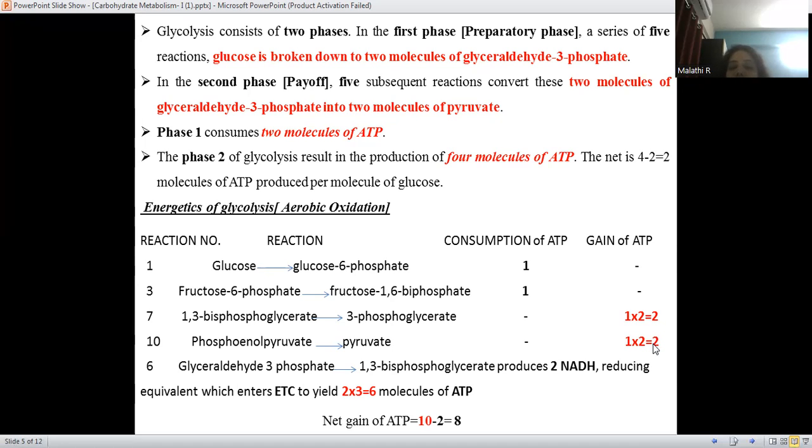So 4 ATP will be formed by substrate level phosphorylation, and 2 NADH reducing equivalents are formed, which can enter the ETC. So 2 into 3, around 6 molecules of ATP will be obtained from reducing equivalents. So overall, the net gain of ATP will be 10 minus 2, which is 8, in case of aerobic oxidation by means of glycolysis. In the next class, we'll start with anaerobic glycolysis.